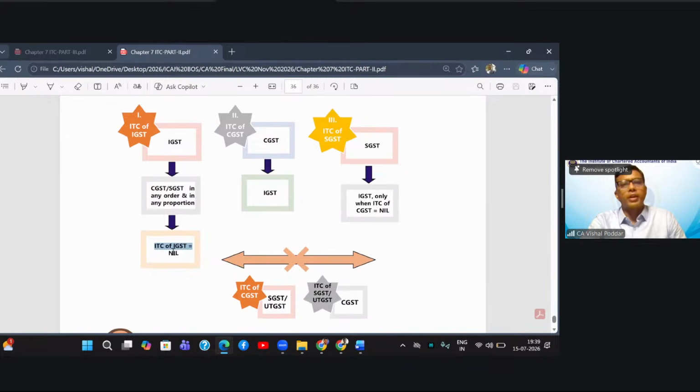So until and unless your entire ITC of IGST is exhausted, it has not become nil, you cannot go to the second ITC. So you first exhaust the ITC of IGST in this sequence.